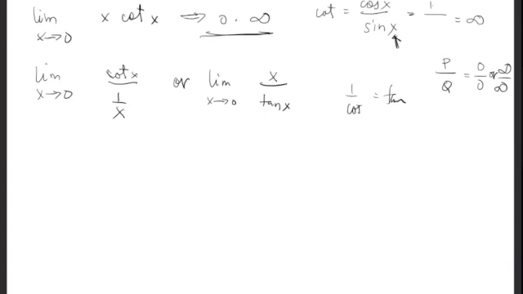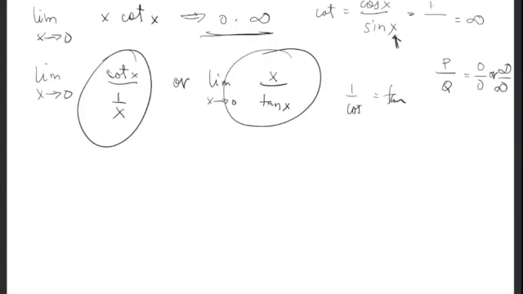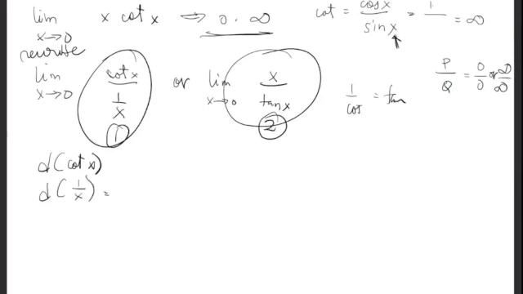So which one? Yung ito? Or this one? One po. So choose expression 1. Okay. What's the derivative of cotangent of x? The derivative of 1 over x, we know already this is negative 1 over x squared.